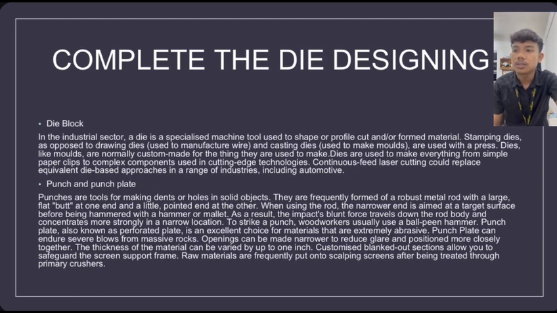Dies like molds are normally custom made for the thing they are used to make. Dies are used to make everything from simple paper clips to complex components used in cutting-edge technologies. Continuous feed laser cutting could replace equivalent die-based approaches in a range of industries, including automotive.